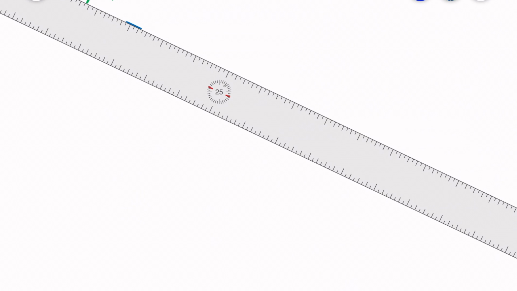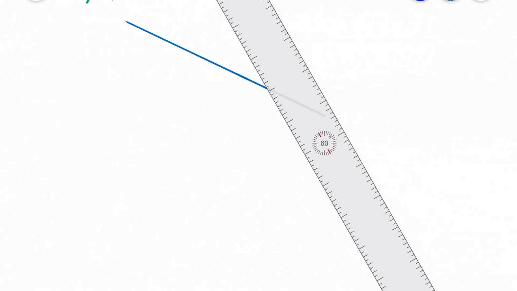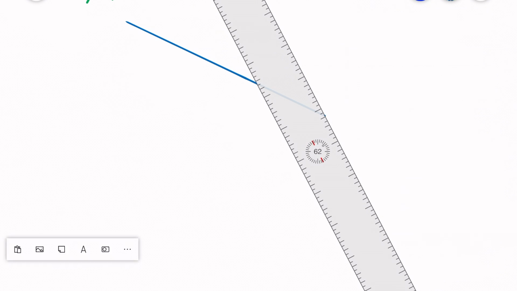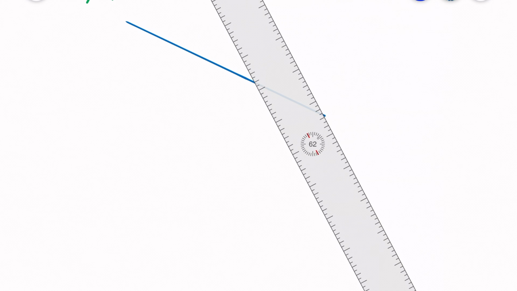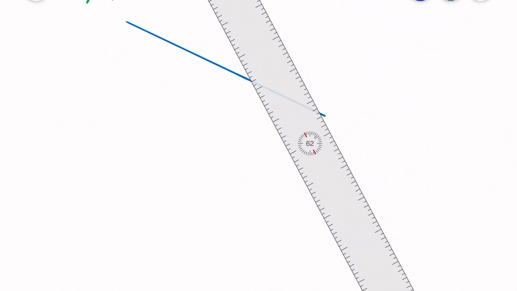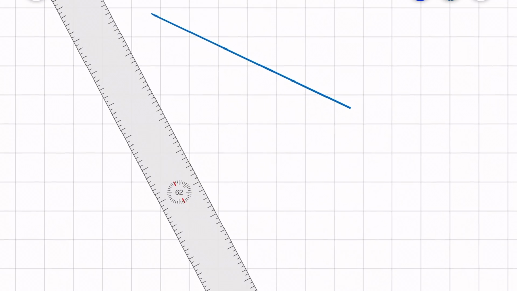We have our A, and let's say we have our B. Let's say this is A and this is B. Let me draw in another color. Now this is B and this is A.